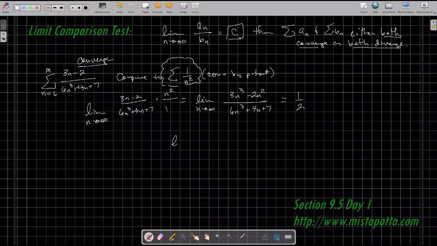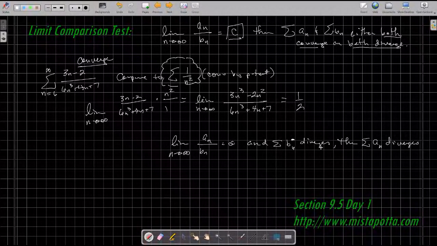But if I ever get an infinity, in other words, if I get the limit as n approaches infinity of a sub n over b sub n is equal to infinity, and the series that I'm looking at is like the sum of b sub n diverges, then the sum of a sub n diverges.